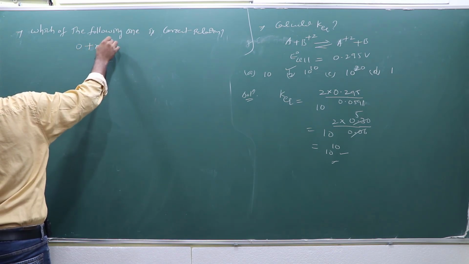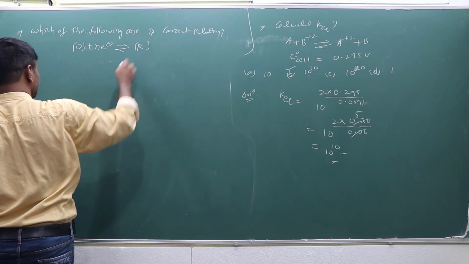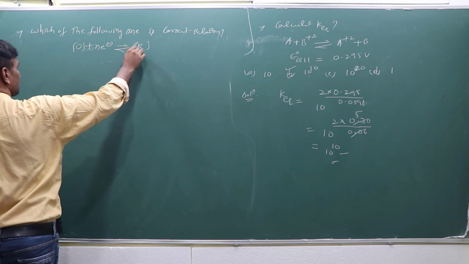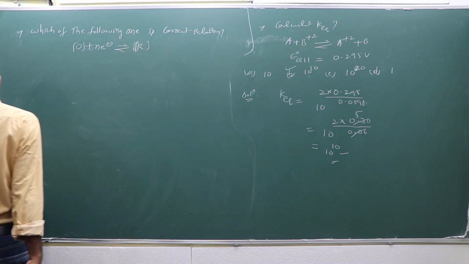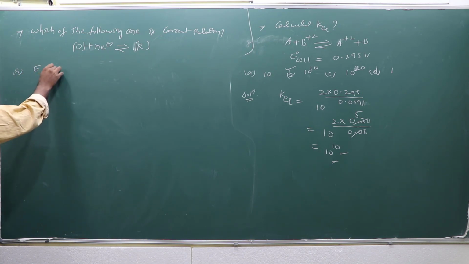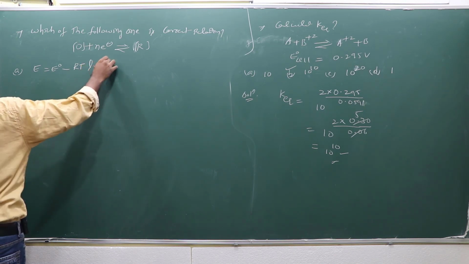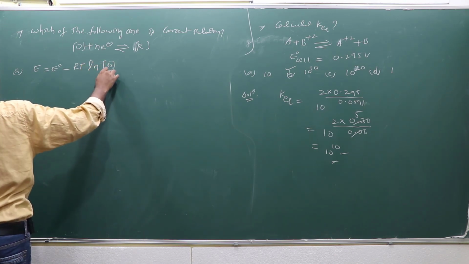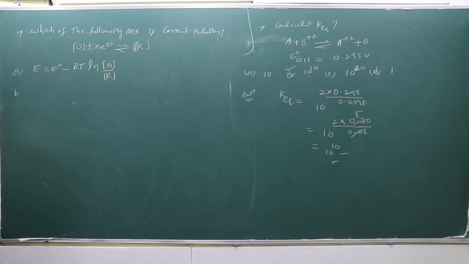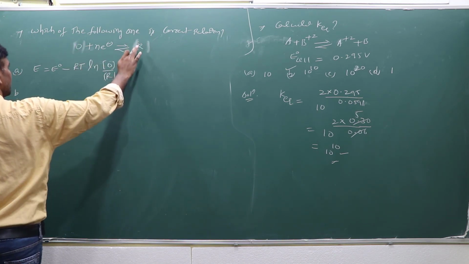Oxidant O plus n electrons goes to reductant R. Option A: E is equal to E naught minus RT ln oxidant by reductant concentration. So it is just mentioned like this: O plus n electrons goes to reductant.